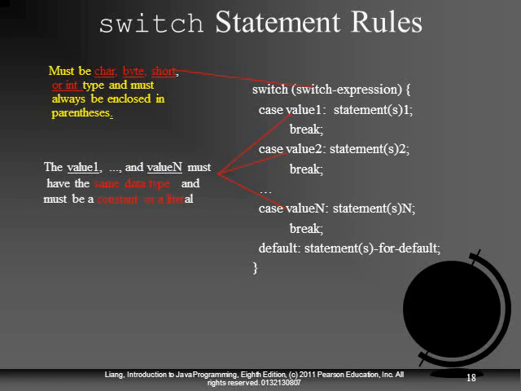Our values can be literals, so I can be testing age for 21, or it can be a constant, but they have to be the same type. If we have no matches for the case statements that are shown, then we have a case of doing a default, right? When the default code would be executed.